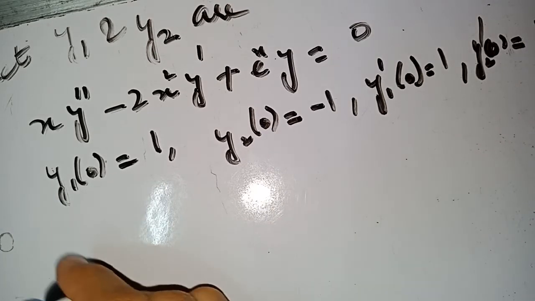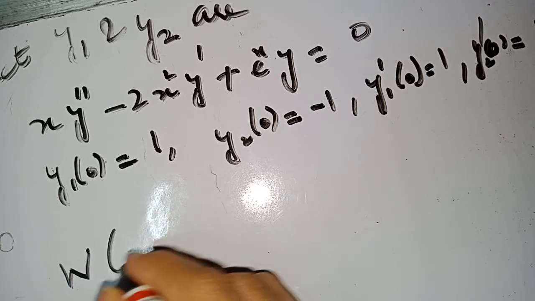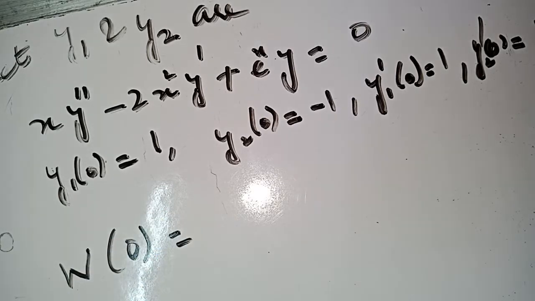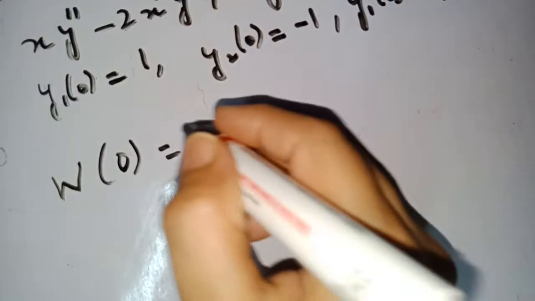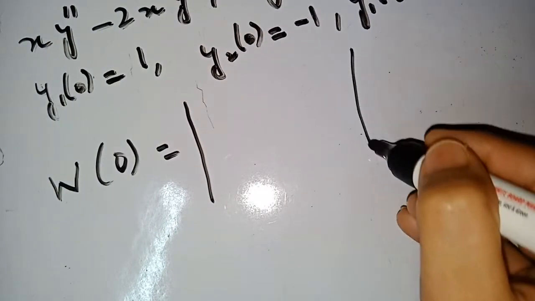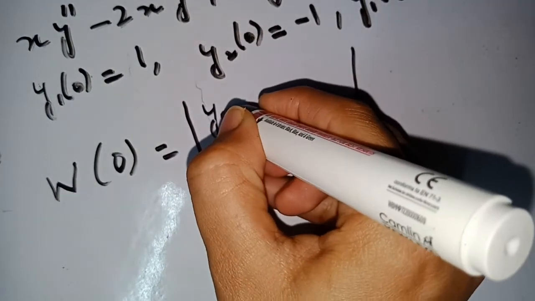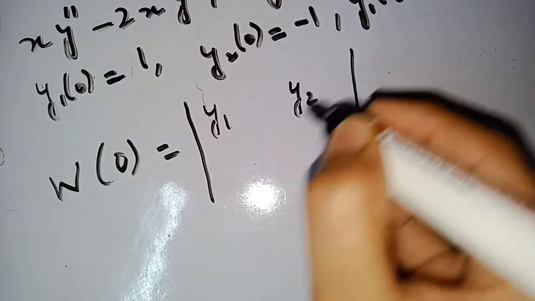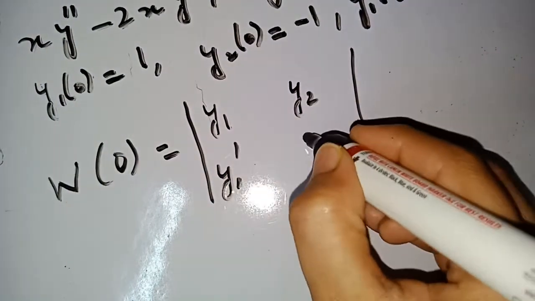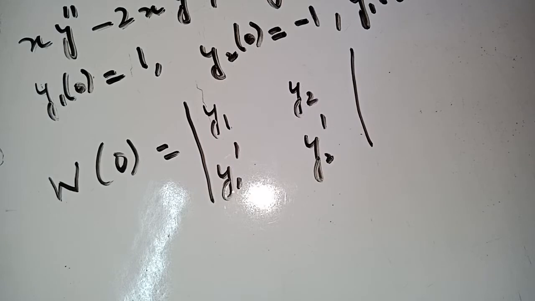First of all we find the Wronskian at point 0, and we know the formula of the Wronskian is the determinant of y1, y2, y1', y2'.